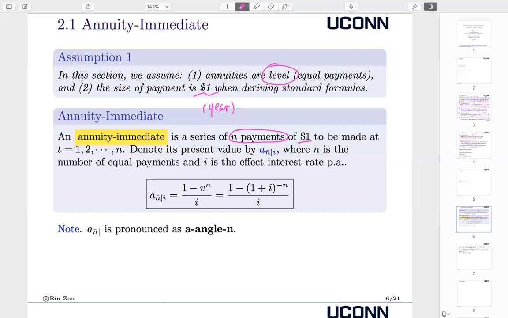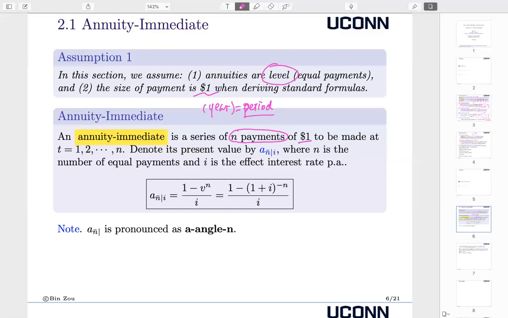It should be a period. It will be the unit time period you choose in your study. Since we often consider year as the unit period, that's why from time to time I will say it's being made at the end of the year or at the beginning of the year.